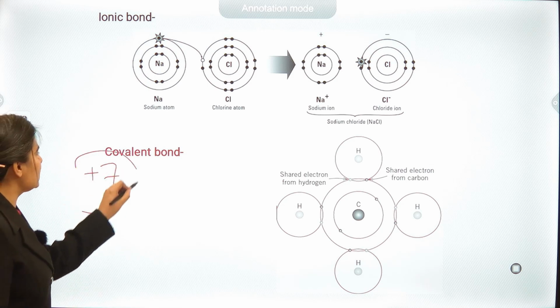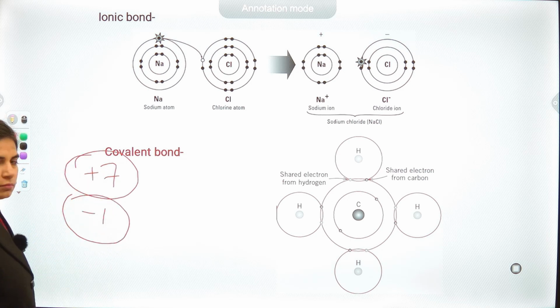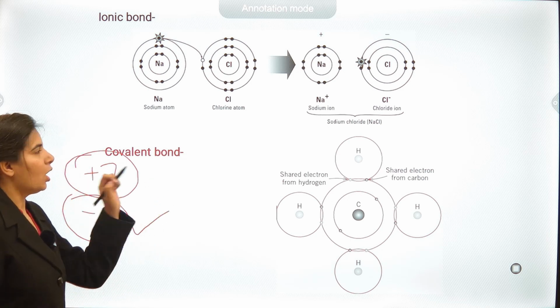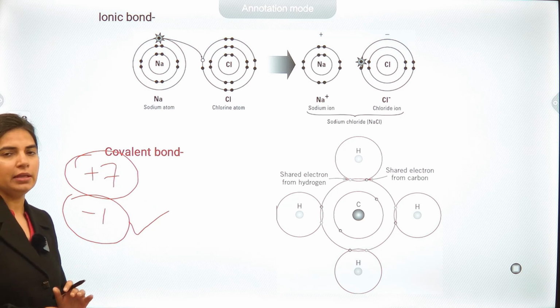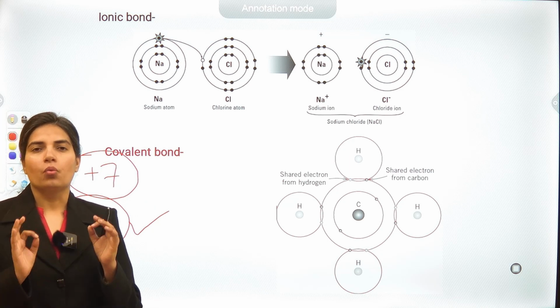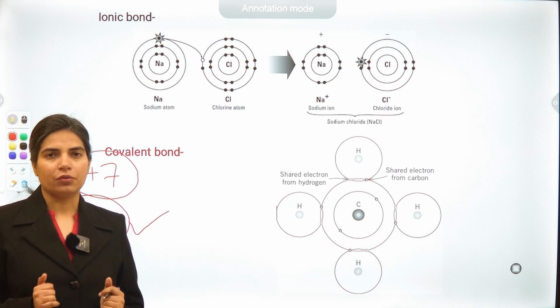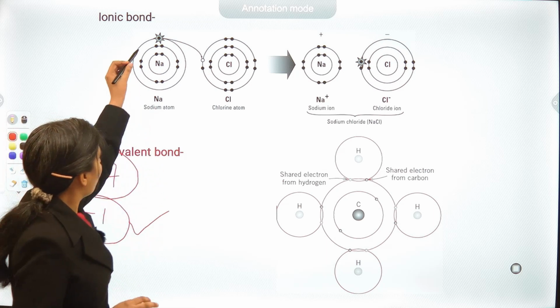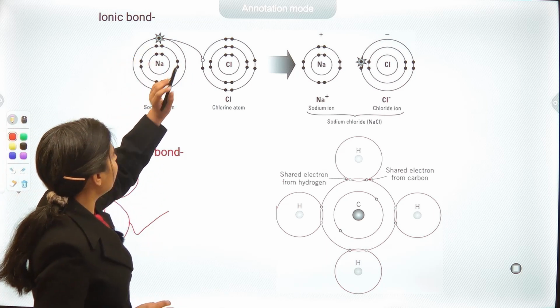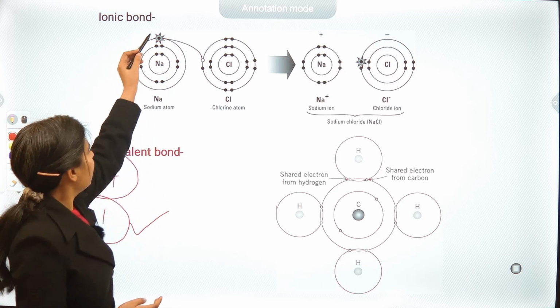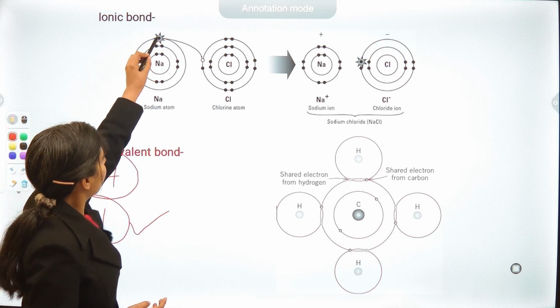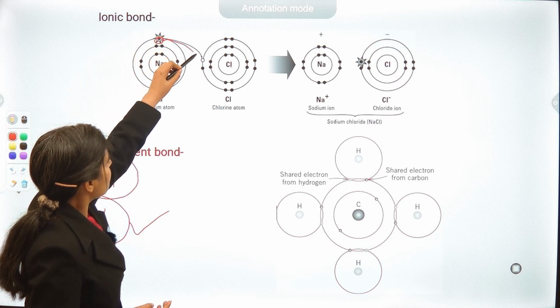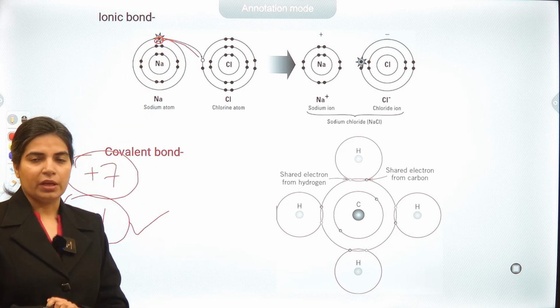Now, which one is the favorable one? Sodium can lose 1 electron easily because it is very hard to gain 7 electrons. Now, if sodium is losing 1 electron, here in the outermost shell of sodium, the 1 electron is moving toward the chlorine.